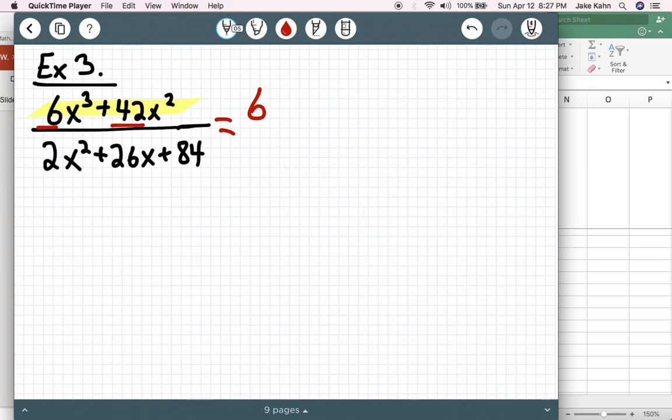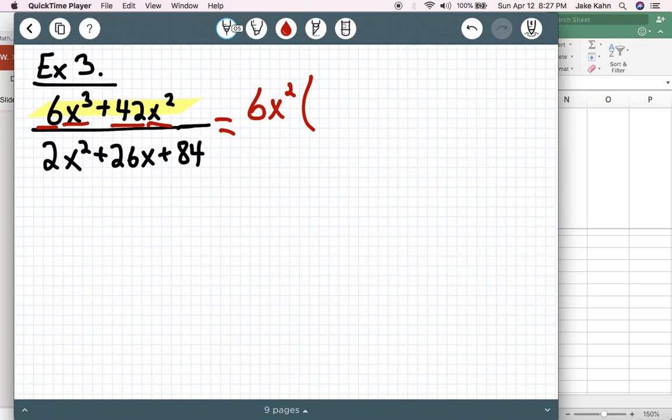Well, we also have this x cubed and this x squared, right? So part of the GCF is that variable part too. What is the GCF of x cubed and x squared? It's x squared. We take that outside of parentheses. What goes inside?